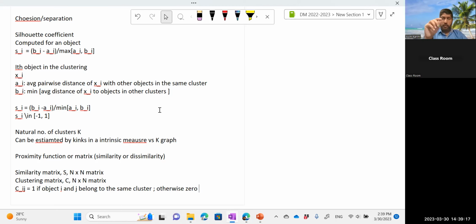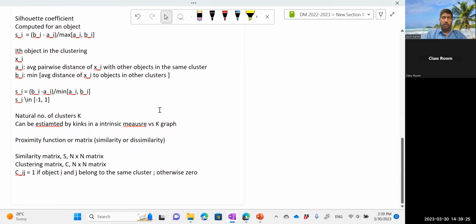So we can actually compute the correlation between these two matrices value by value. You can use any of the correlation measures that we have studied before. For example, the Pearson correlation coefficient is more than good because both values are numeric.